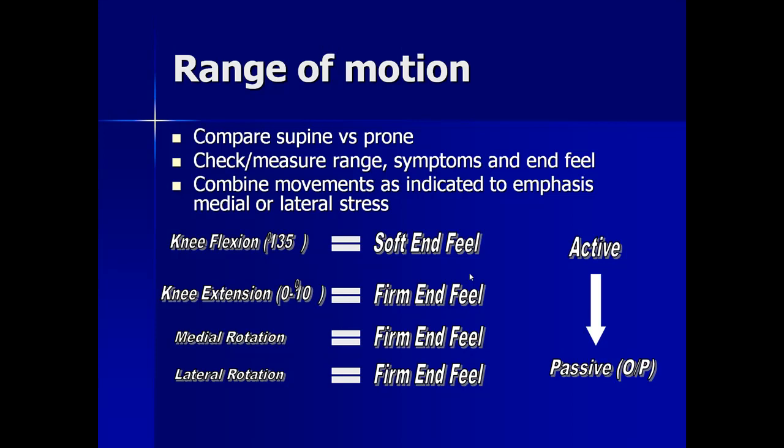Bringing the knee into extension, it should go to the neutral position, and normally you will note up to 10 degrees of what may be termed hyperextension. This is a firm end feel, more bony in its nature. When considering medial and lateral rotation, you will also determine a firm end feel. Consider the joint and the range of flexion that you need to determine medial and lateral rotation.